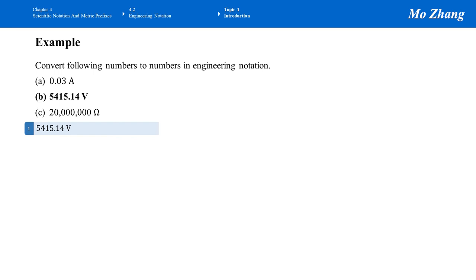We need to tweak the exponent so it's a multiple of 3. 5415.14 obviously is greater than 1,000, so we need to shrink this number.